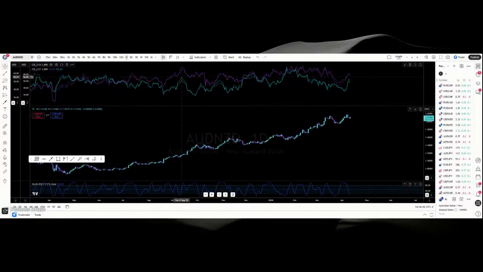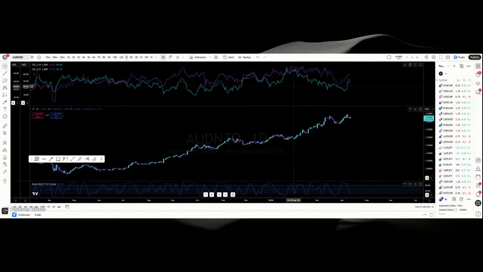Like this is the 14. It's going to be a little bit more hyperbolic on moves, where the 21 is going to be a little bit more muted. But it still allows me to see the crossovers and see the points where they start to separate, and I don't have to look at two different ones and confuse myself. I'm just looking at two instances of the indicator, but running on the same chart.